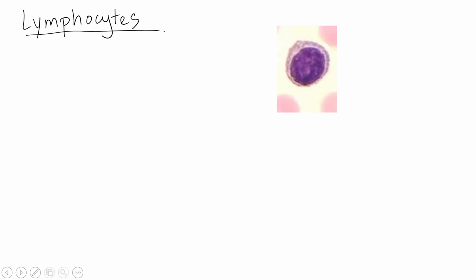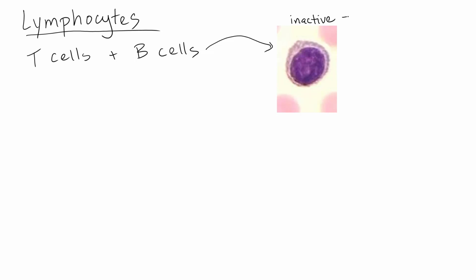So what does a lymphocyte look like in a blood smear? Well, here's one pictured here. Remember, who are the lymphocytes primarily? We're talking about T cells and B cells. And the truth is, if you see an inactive one, we actually have another word for that you'll hear, naive.